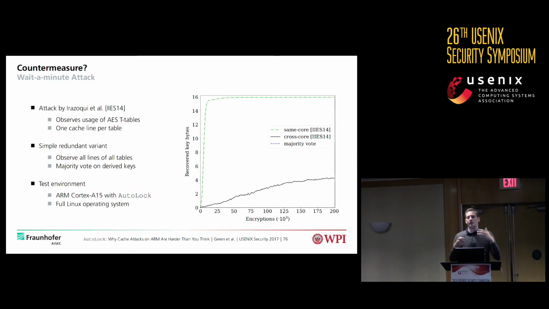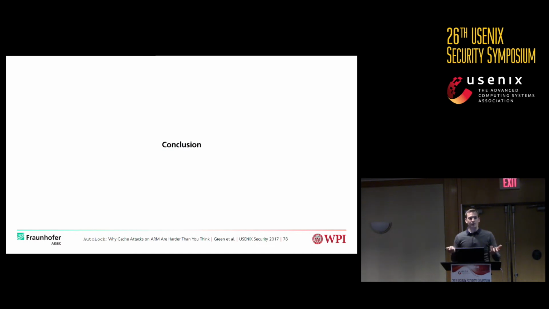But if we employ our redundant version of the cross-core attack, then we are again able to retrieve the entire key with similar efficiency as the same-core attack. This demonstrates that under certain circumstances, we're still able to launch cross-core eviction attacks even on systems with AutoLock. And that's just to emphasize one more time that it is not a perfect or ultimate countermeasure against attacks. So this already brings me to the conclusion.